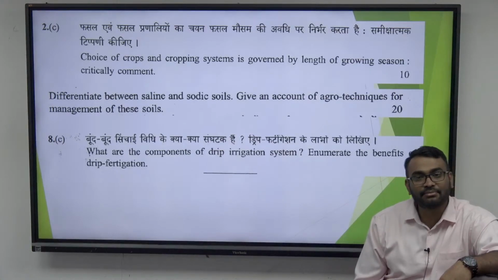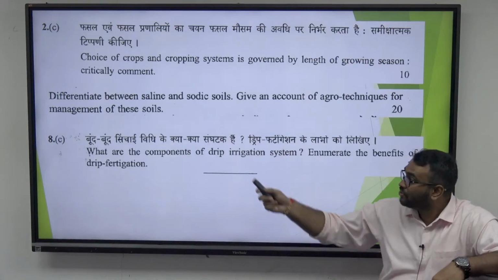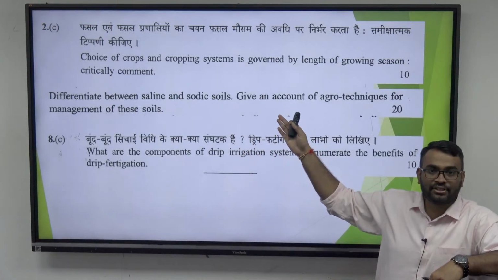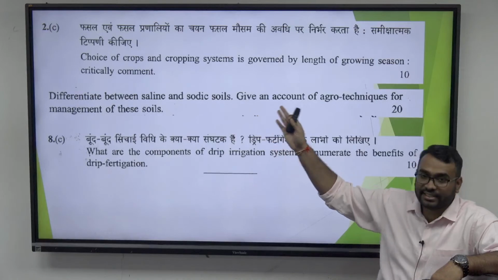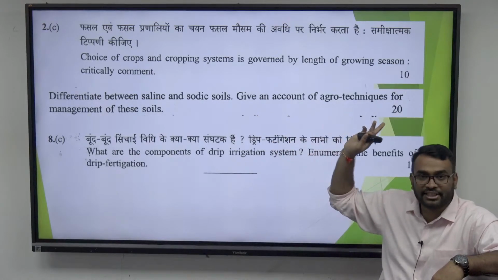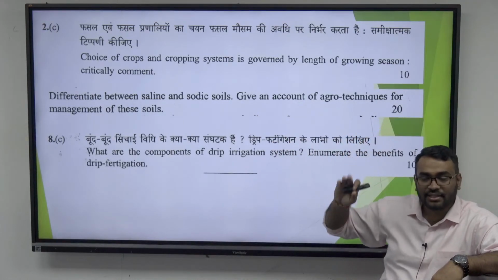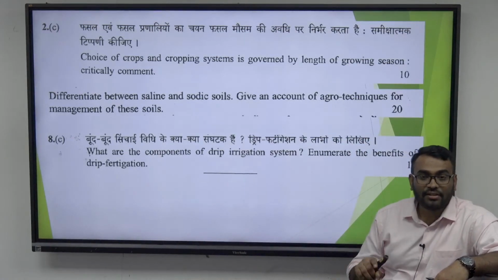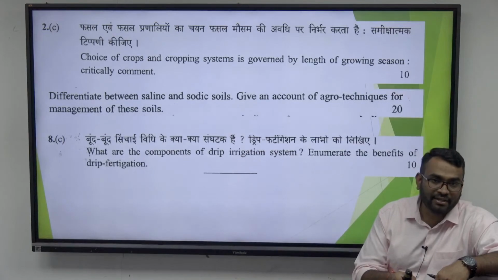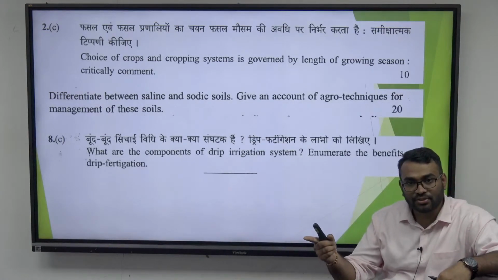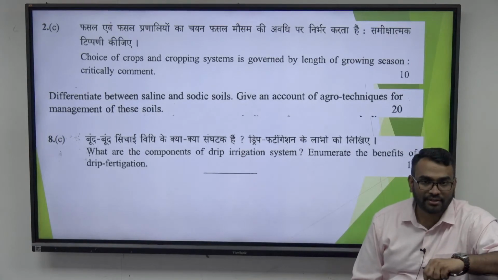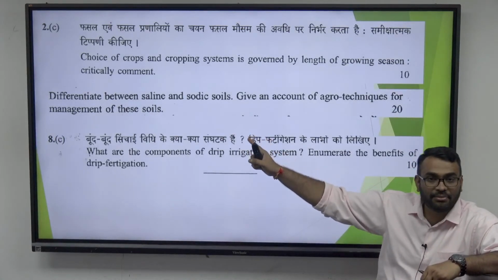Obviously growing season doesn't matter there. So here, when you are narrating this, you can justify for 60 to 70% of the answer saying that choice of crops and cropping pattern is determined by length of growing season. But the other 20-30% of the answer has to focus on the point that this is not entirely dependent on it. There are other factors also where we can go for different types of crops or cropping patterns. So that is the meaning of critically comment.